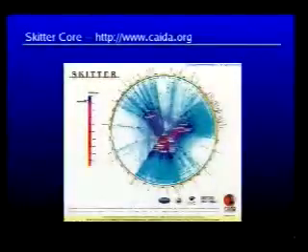Things like a lot of the projects that CAIDA has produced, Skitter is an example, actually use a good portion of the data from Route Views. And NLANR is another one.